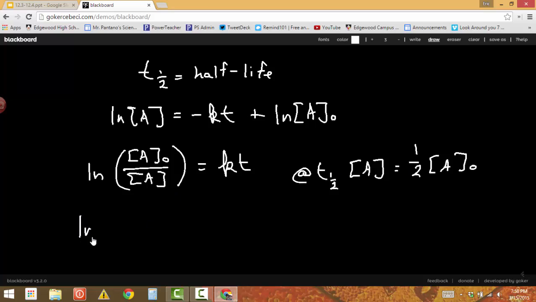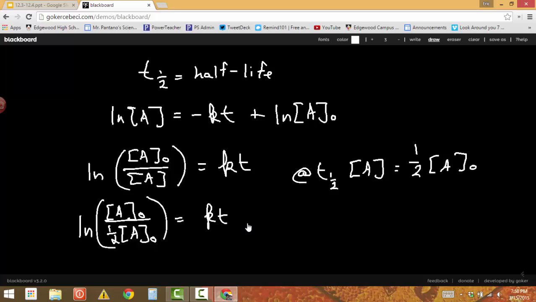And I get natural log of A naught over half A naught is equal to k times t. Right? Well, the natural log of A naught over half A naught, well, the A naughts cancel out, leaving 1 over 1/2, which is just the natural log of 2. And that's equal to kt.